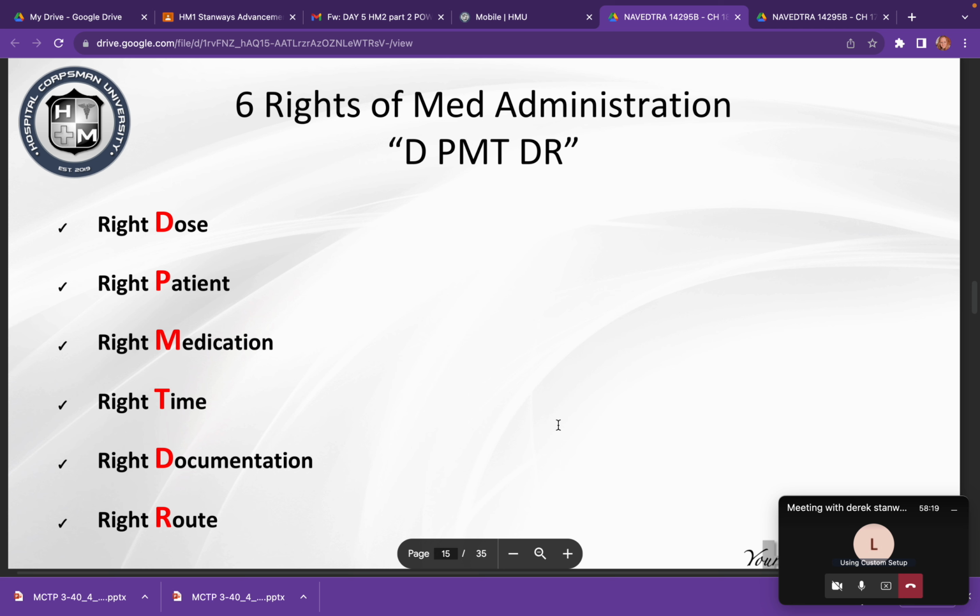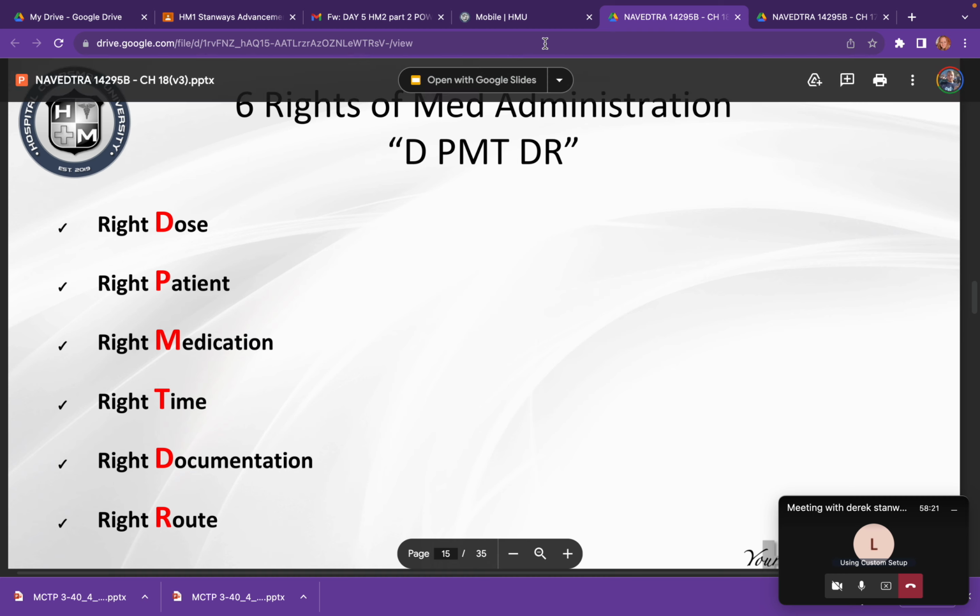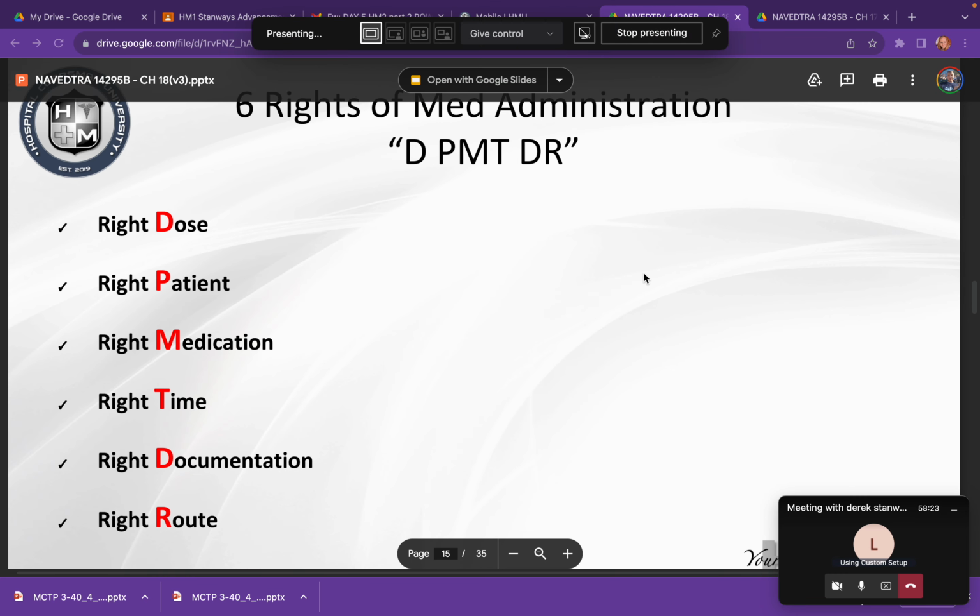As a corpsman, you need to understand what these are. 9 times out of 10, you have to write those: right patient, right medication, right time, documentation, and route. Sometimes something as far off as right occasion. It's similar to time, but you have to understand it's the right time, because it might be the right occasion but not the right time because they already got a drug. So be very careful when you're listing out what the 6 rights are.